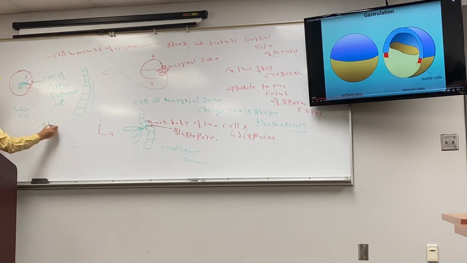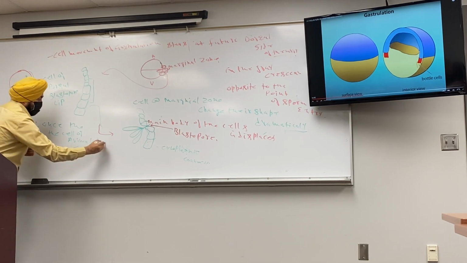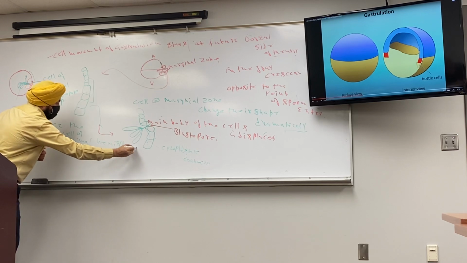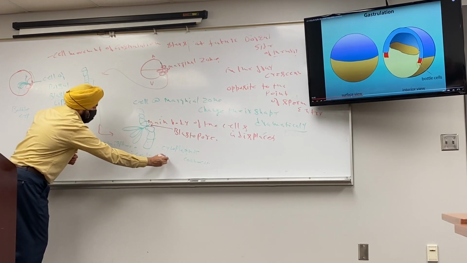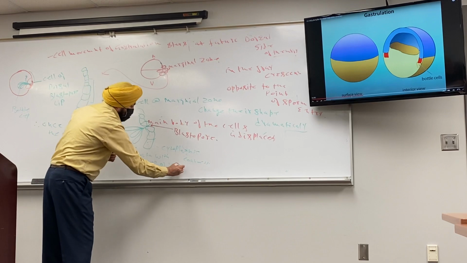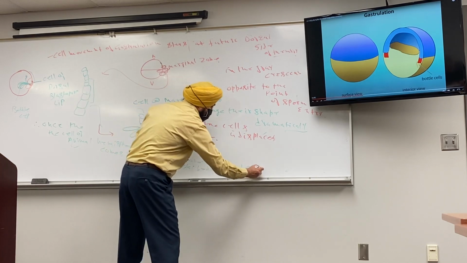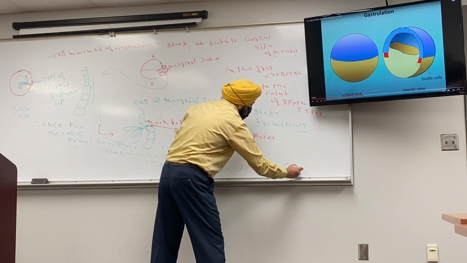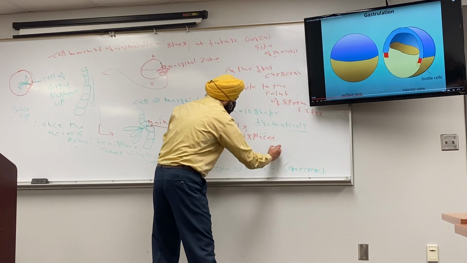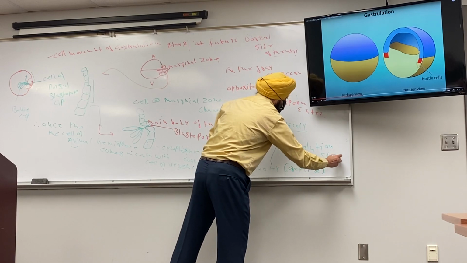Therefore, once the cells of the animal hemisphere come in contact with cells of the vegetal hemisphere at the equator, and that is the place we call the gray crescent, immediately involution starts.